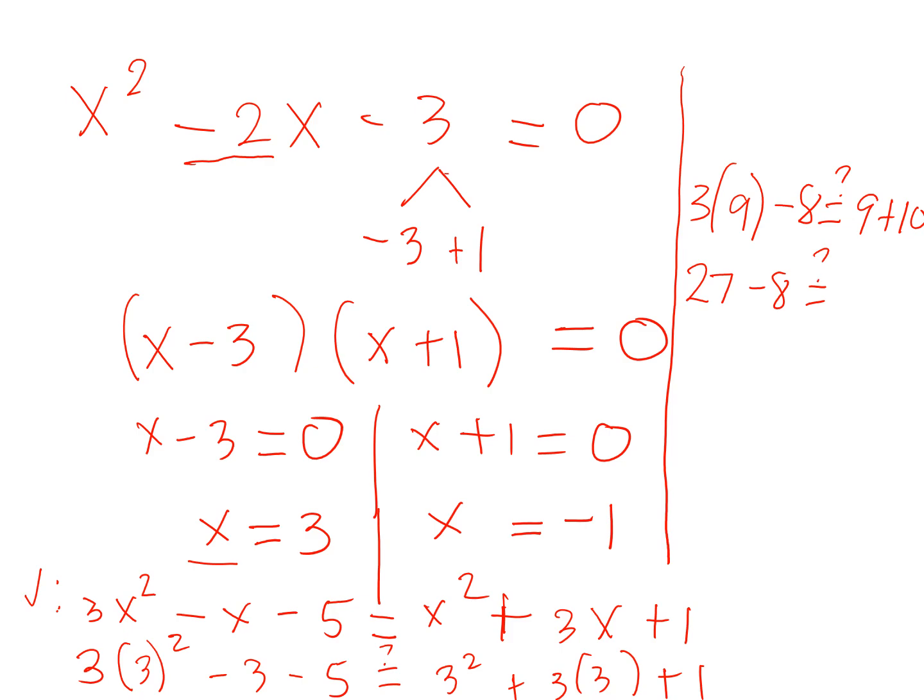Is it equal to 19? 27 minus 8 is 19, equals 19. Correct? Yes, correct. So therefore, 3 is a solution of the given quadratic equation 3x squared minus x minus 5 equals x squared plus 3x plus 1.